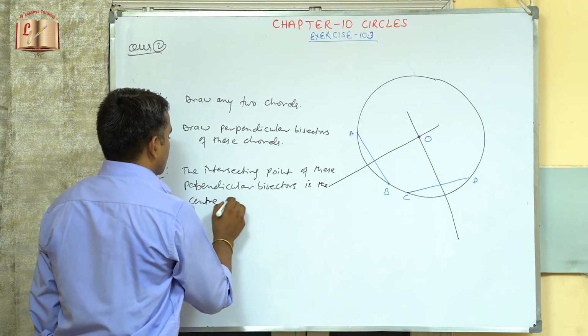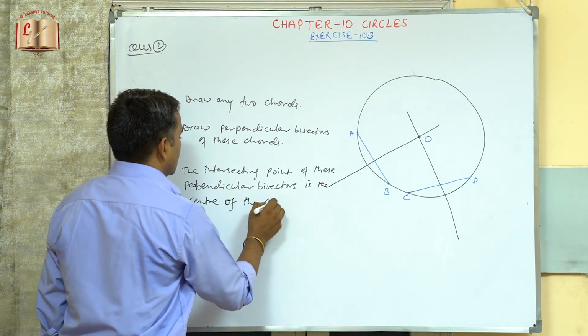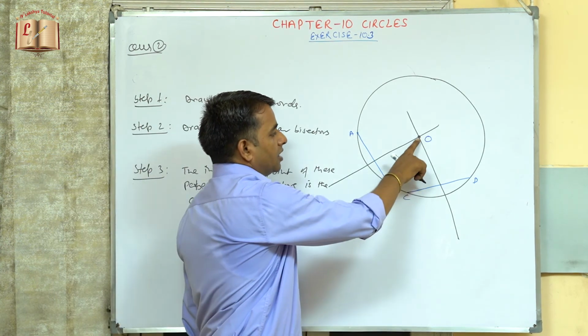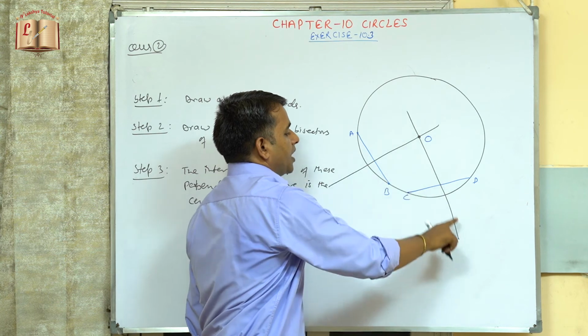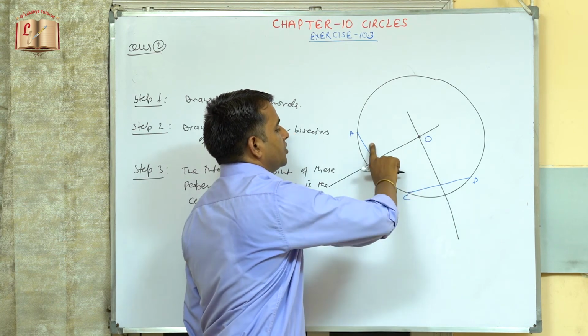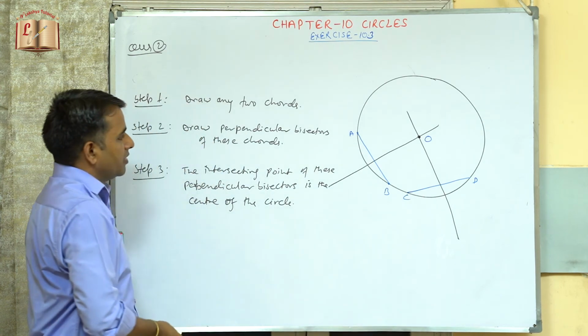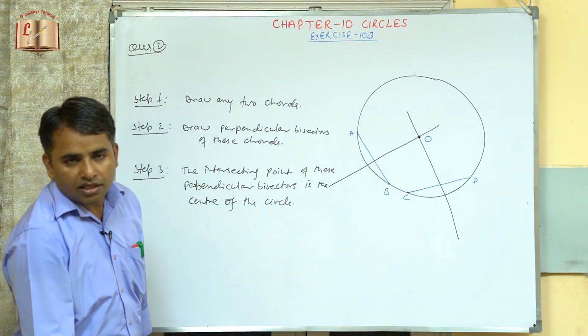So the intersecting point or the meeting point of these perpendicular bisectors of these two chords will be the center of the circle. So this way we will find the center of any given circle.